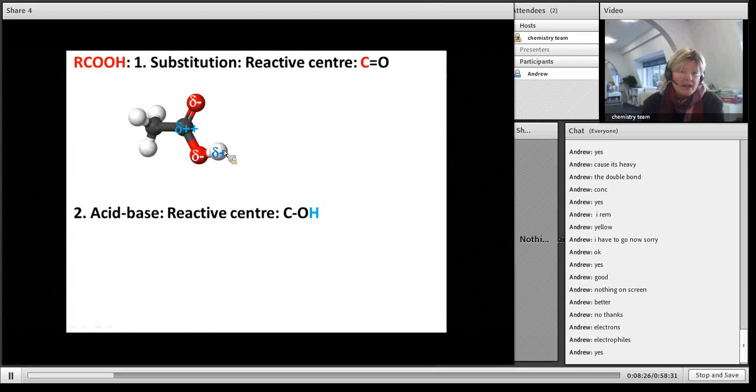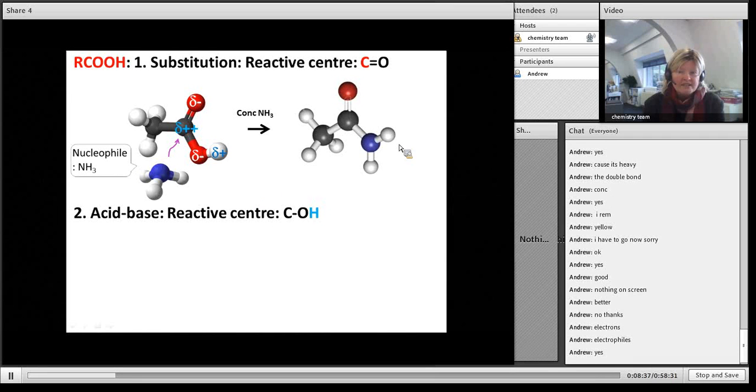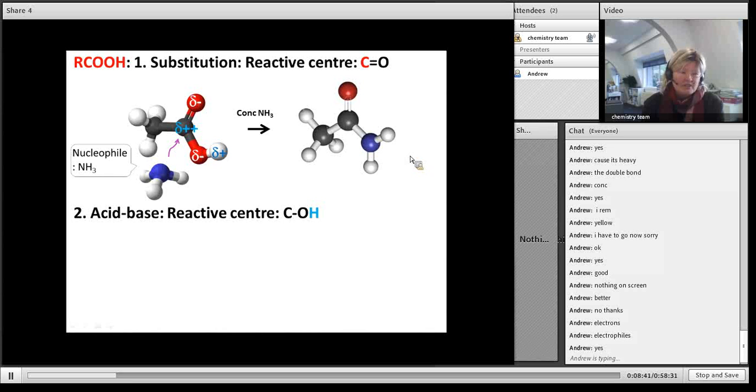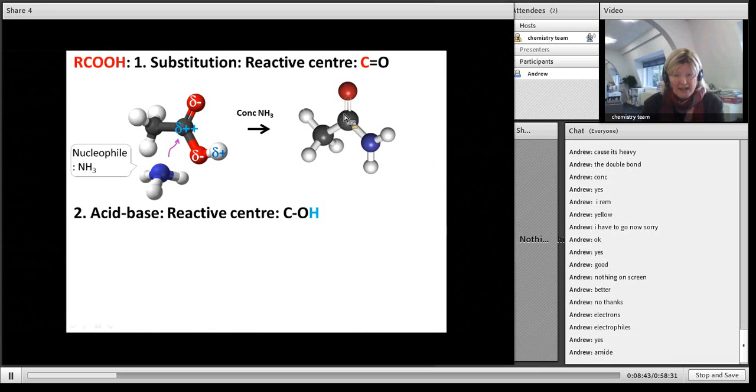So if I add conc ammonia, the ammonia can act as a nucleophile, so it's attacking that positive center, and I form what is this compound called? If you like, just give the functional group. Yes, it's an amide.